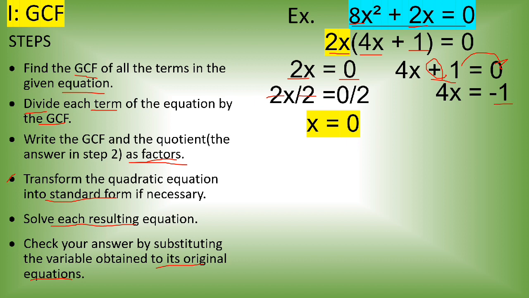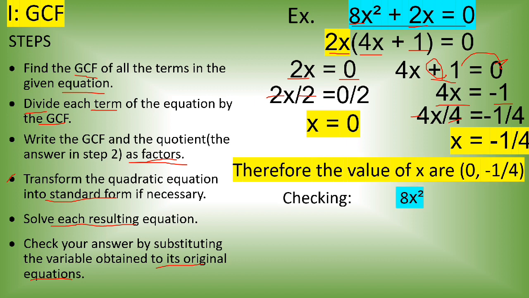And then, to isolate x or para makuha natin ang value ni x, anuman ang number na katabi ni variable x, ay i-divide natin ito. So, divided by 4 and divided by 4. So, cancel na si 4 and 4. Then, x now is equal to negative 1/4. Therefore, the values of x are 0 and negative 1/4.